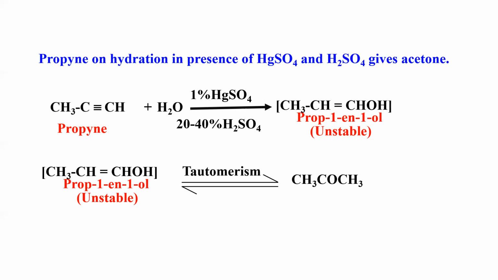That carbon will become CH3 and the central carbon will become C=O, giving us CH3COCH3, which is acetone. So if I start with ethyne, I get an aldehyde. If I start with propyne, I get a ketone upon addition of water.